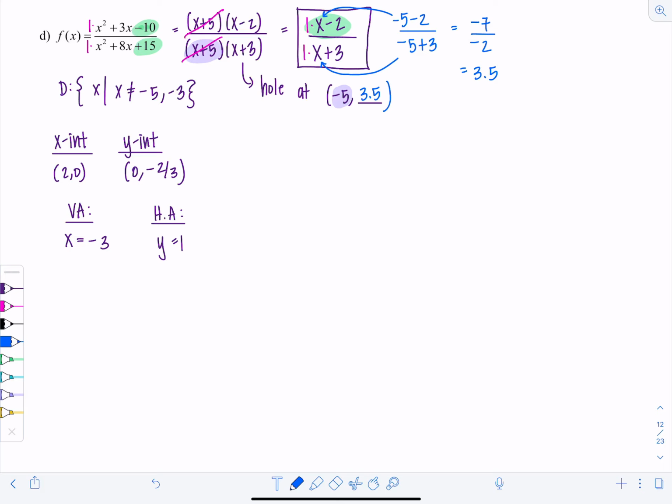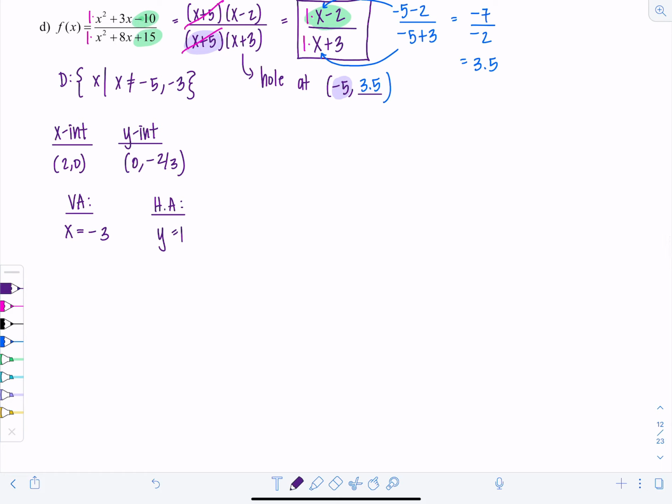Okay, we're almost there. See, this one was actually really relaxing. I still need to figure out if it's going to cross the horizontal asymptote. All right, so does this cross the horizontal asymptote? Remember, the equation of the horizontal asymptote is y equals 1. I can use the reduced form of f of x, so x minus 2 over x plus 3.